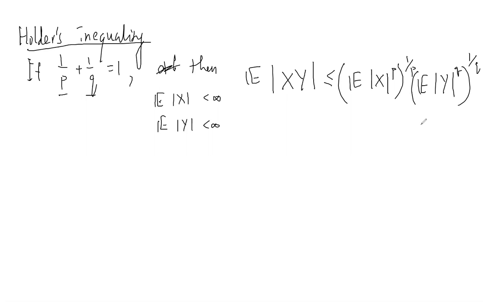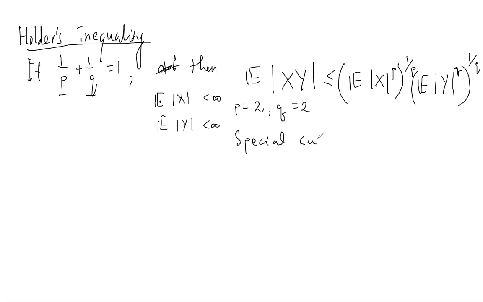So you can get all kinds of results. 1/p plus 1/q must be equal to 1. So if your p is 2, then you can take q equal to 2, right? So this is a special case.